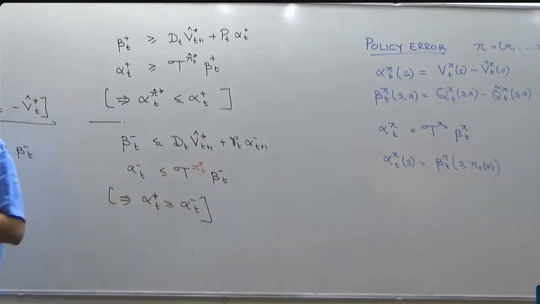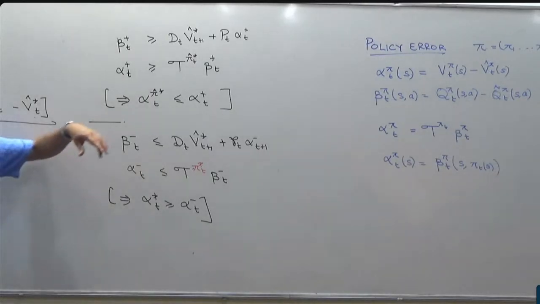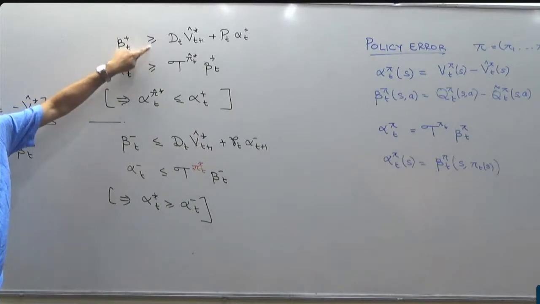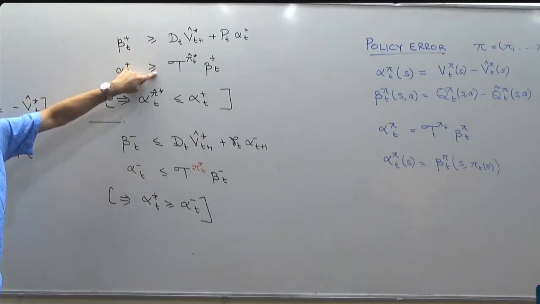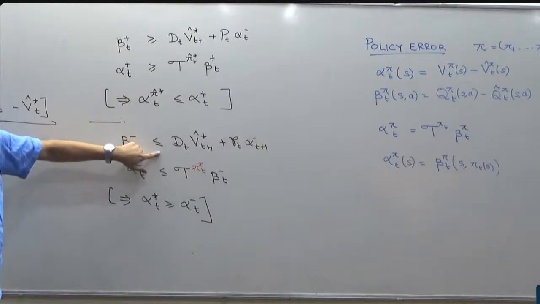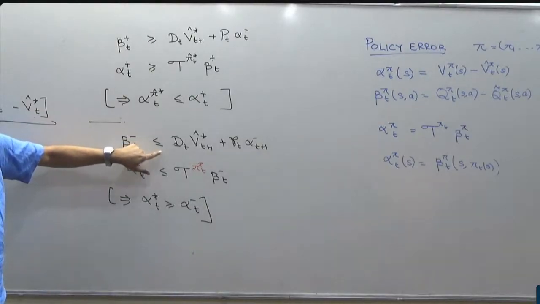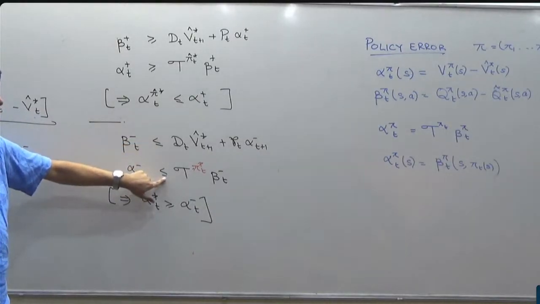So, it is not very usable, but my claim is that this is the tightest type of bound that I can get with the style of analysis that I am doing. Right? In particular, if I had access to both models, I can make these two guys equalities. I can make this guy an equality, and this is the only place I will have an inequality.